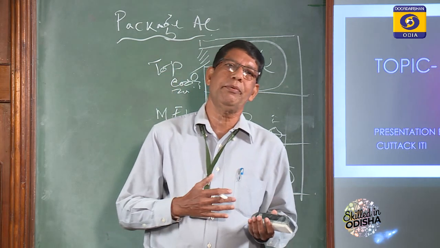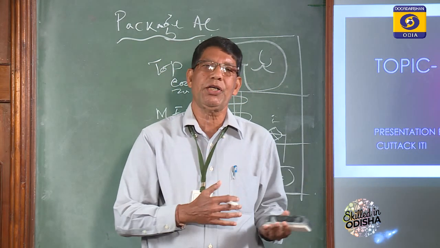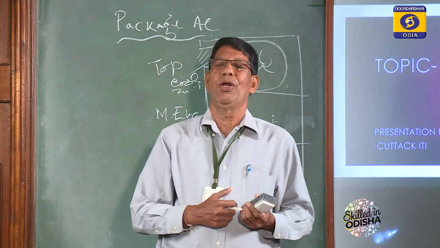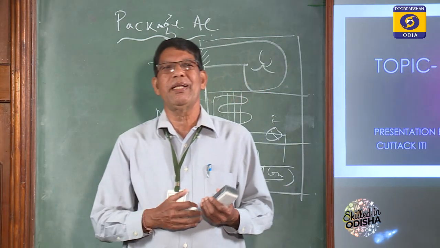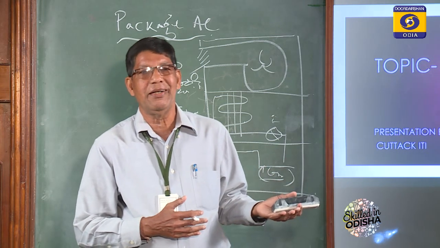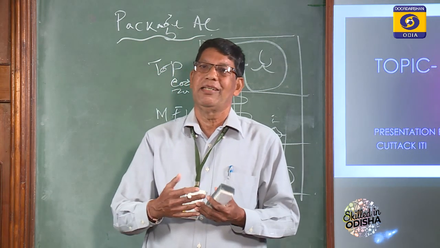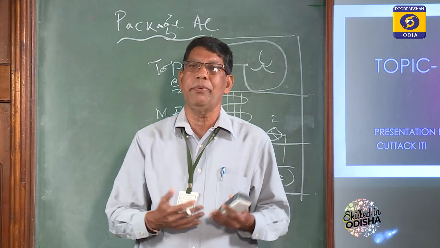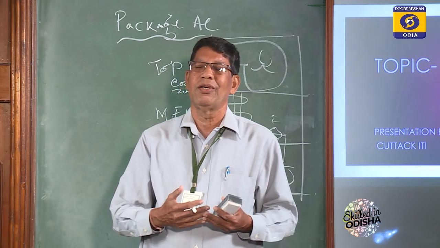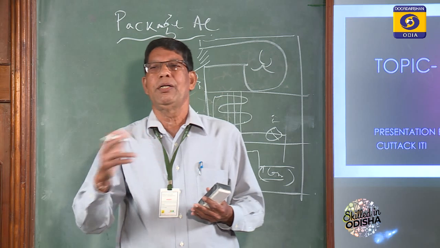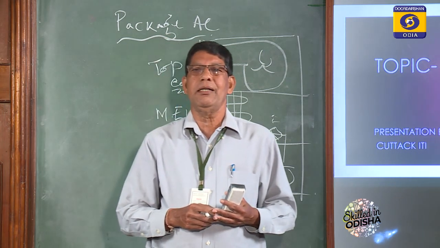What is the function of a compressor? It sucks the low pressure, low temperature refrigerant vapor from the evaporator and compresses it. It raises its pressure and temperature. Then it is delivered to the condenser.